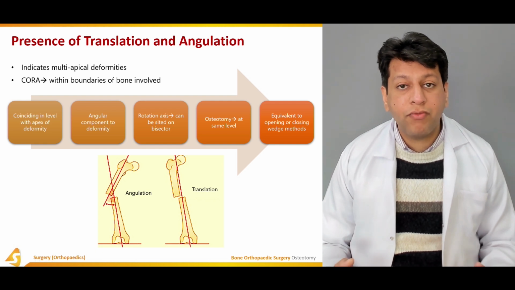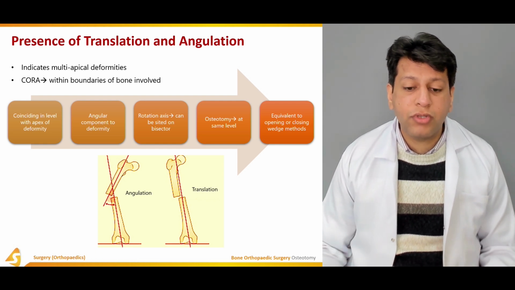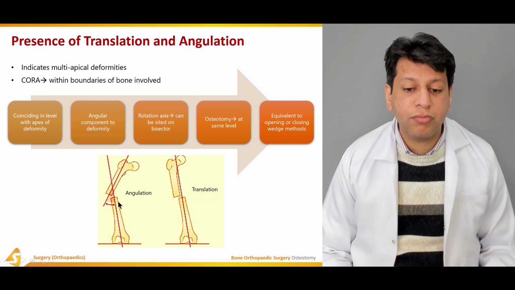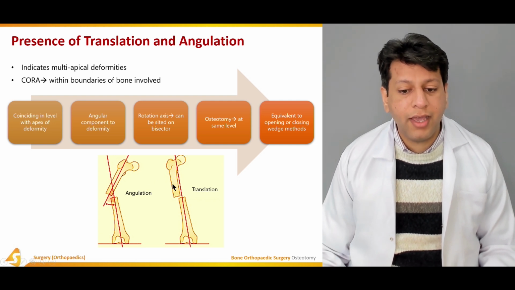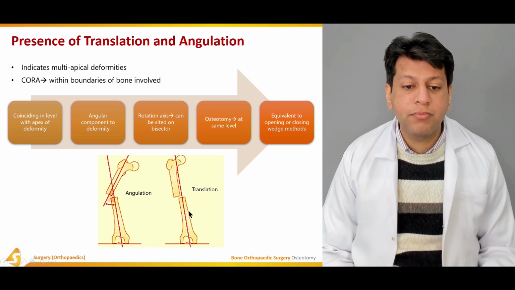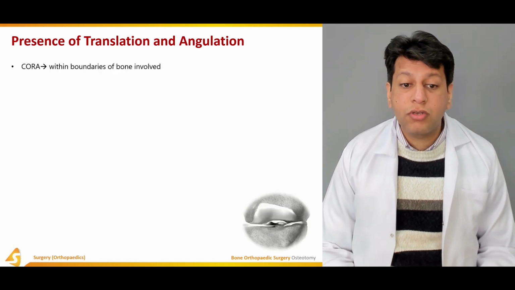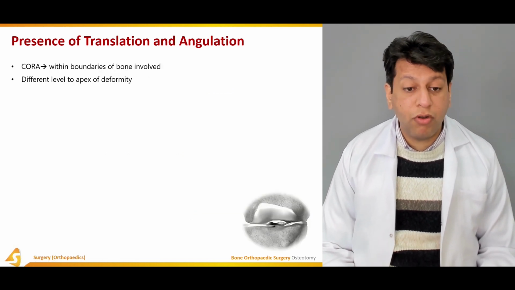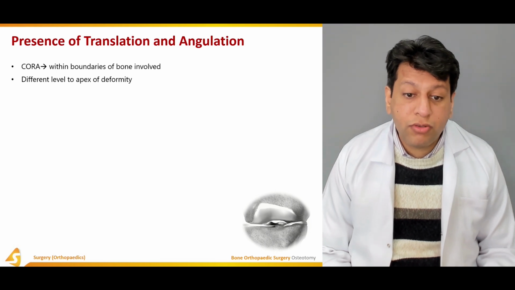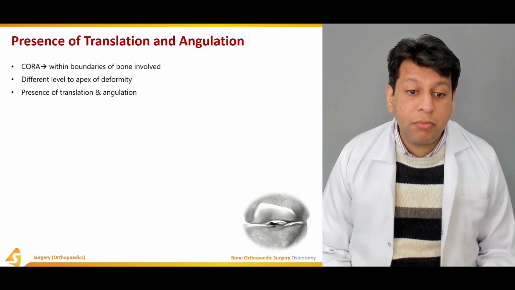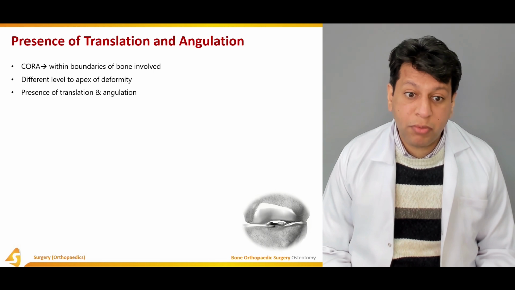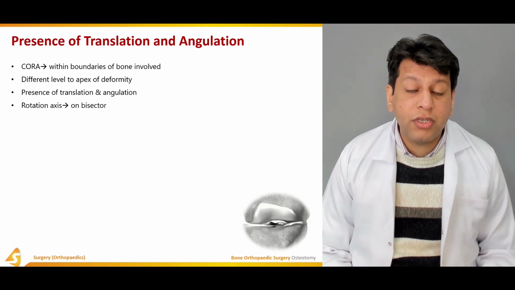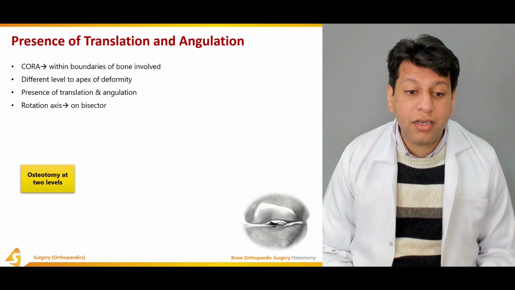Otherwise, if you perform an osteotomy in the form of an opening or closing wedge at the level of deformity, this would produce a translational problem, as you can appreciate in this diagram. So coming to the CORA within the boundaries of the bone involved, at a different level to the apex of deformity, translation and angulation would be present, and usually the rotation axis has to be calculated on the bisector.